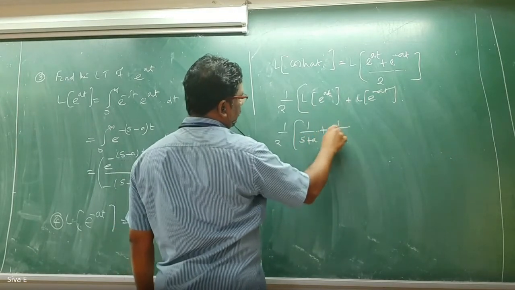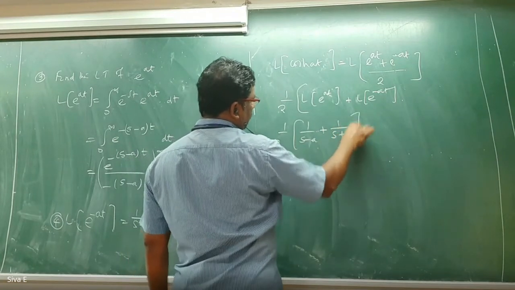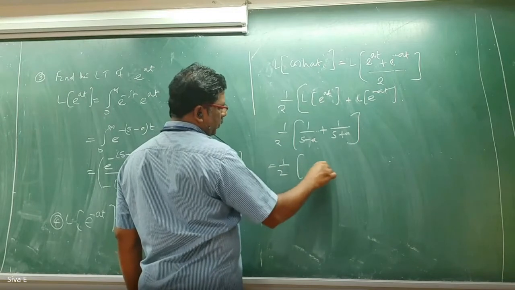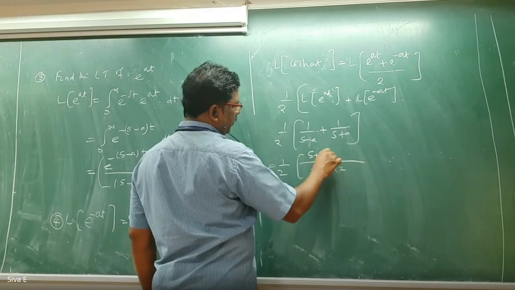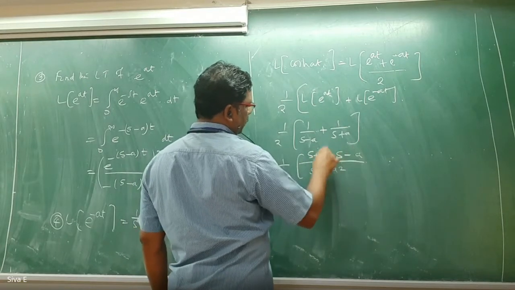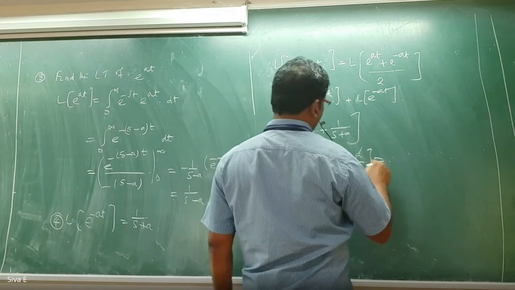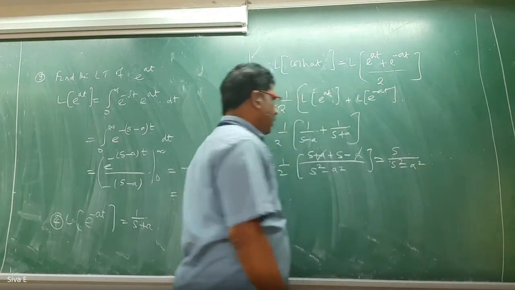Taking the LCM (s minus a)(s plus a): 1 by 2 times ((s plus a) plus (s minus a)) by (s square minus a square), that is equal to s by s square minus a square.